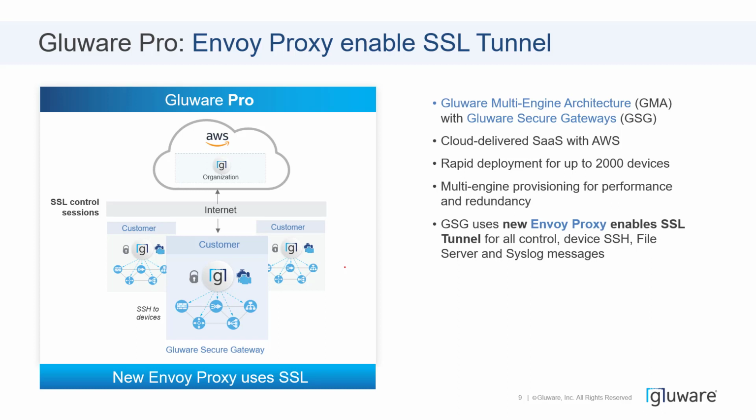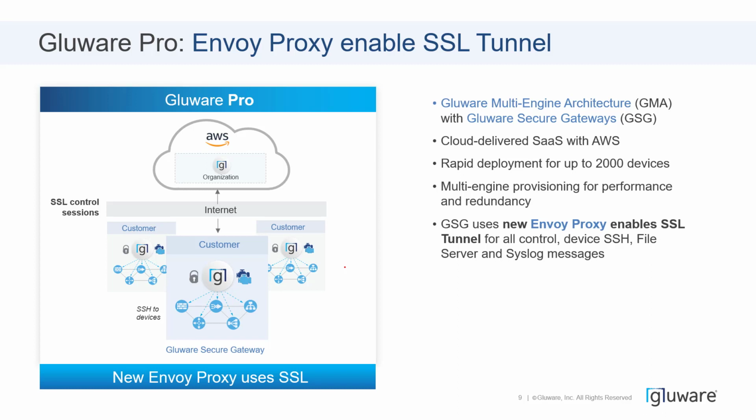Envoy proxy is a well-known industry-used proxy, and what it offers users is the ability to establish one SSL tunnel instead of SSH, and all of the Gluware control messages related to logging into devices or syslog or file server messages are all tunneled over the single SSL control session.